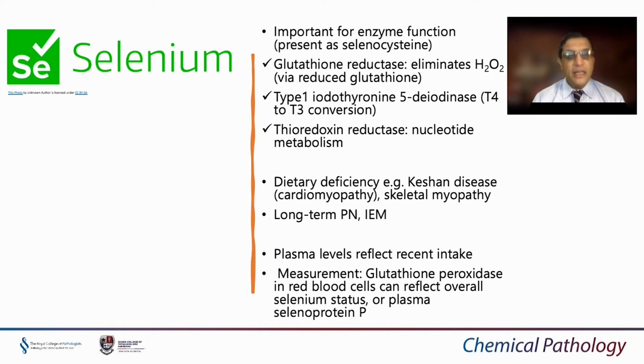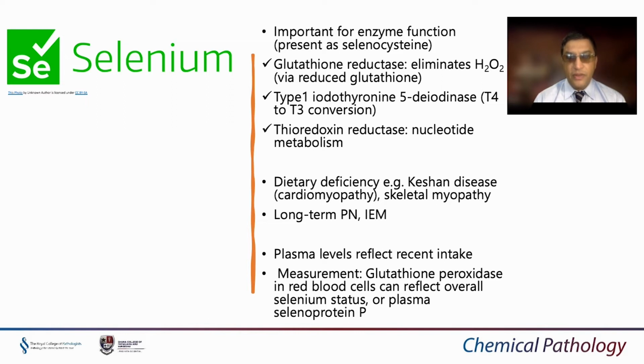Selenium. Selenium is important for enzyme functions, in particular glutathione peroxidase, thyroid hormone T4 to T3 conversion, and thioredoxin reductase. Dietary deficiency, for example, in Keshan's disease, results in myopathies.